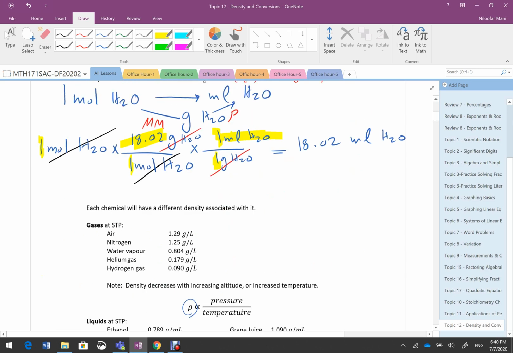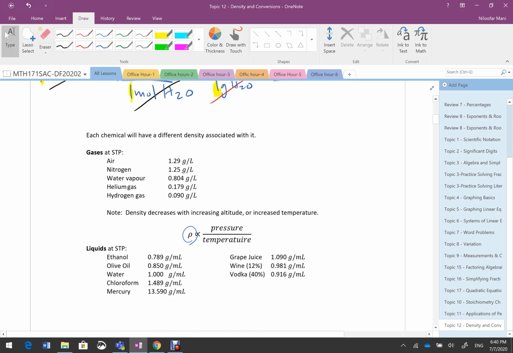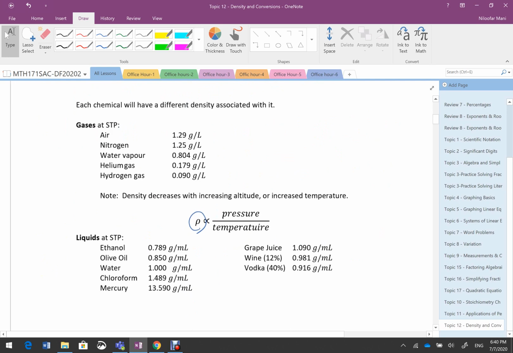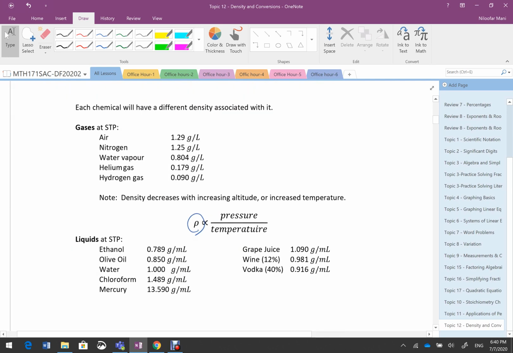Each chemical will have a different density. You can search and remember them, but it will be given to you. Density varies directly with pressure and inversely with temperature, like direct variation in topic 8.